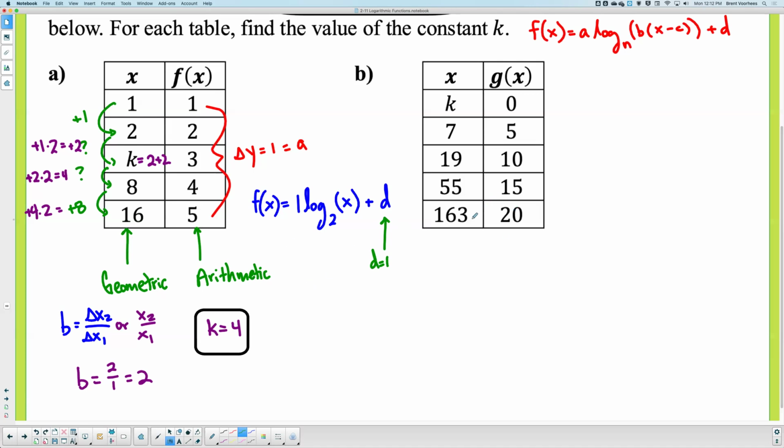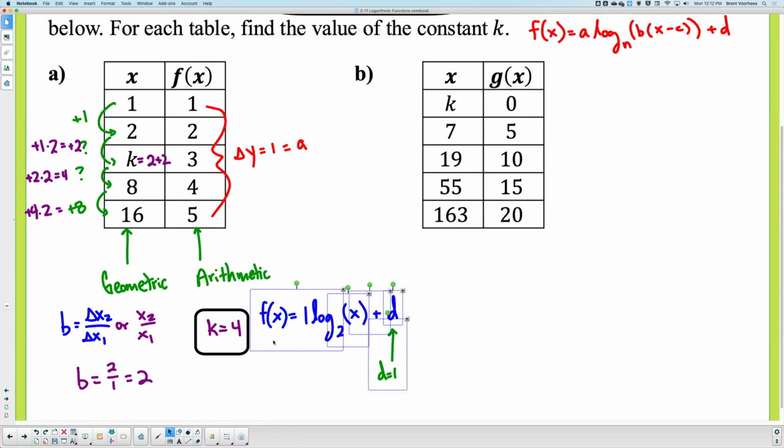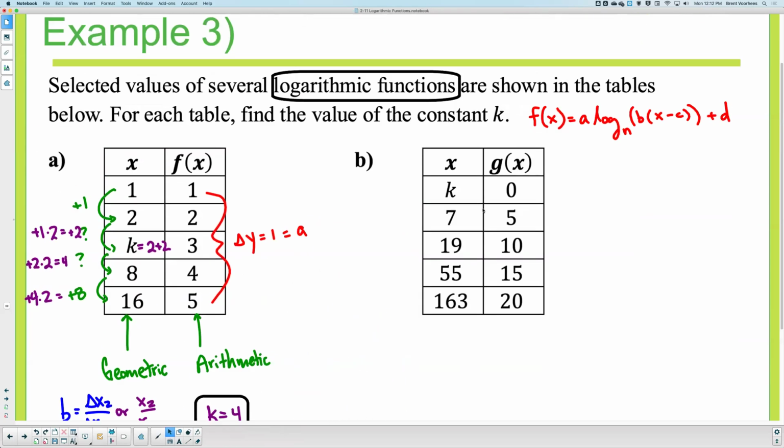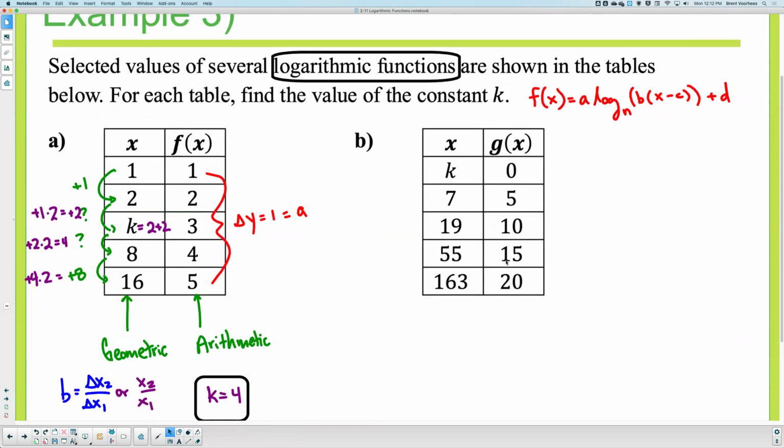Okay, let's go to our next problem. I might need some more space, so I'm going to move this out of the way here. On our next problem, tell me what you notice looking at the problem right away. What's the easiest thing to stand out to you? What's going by 5s?